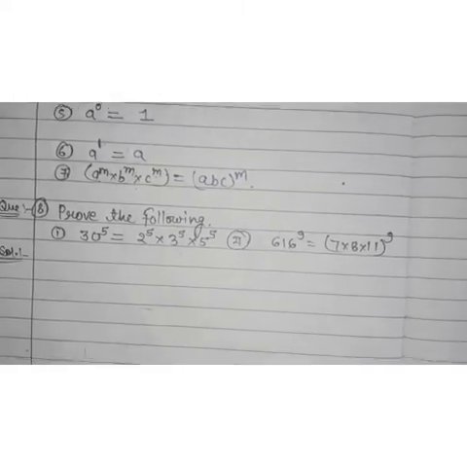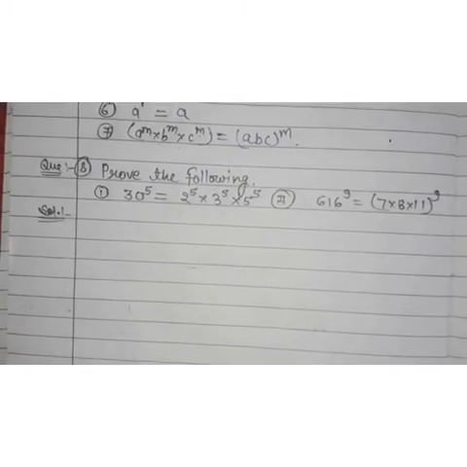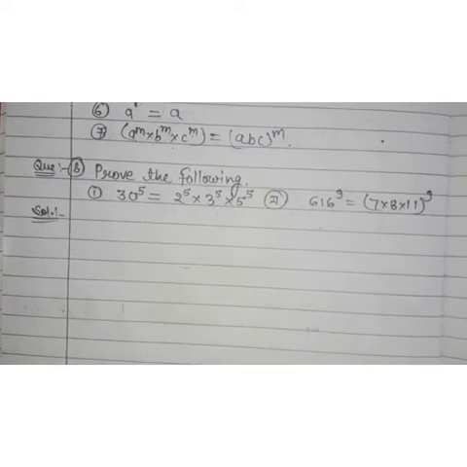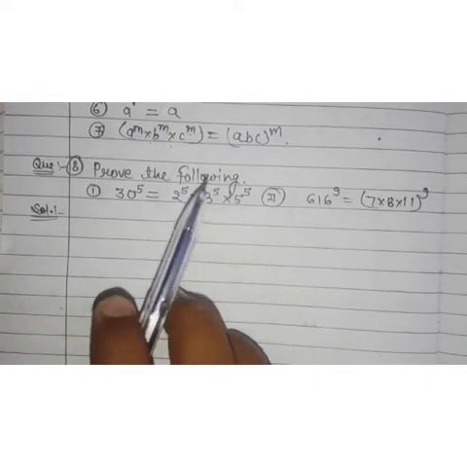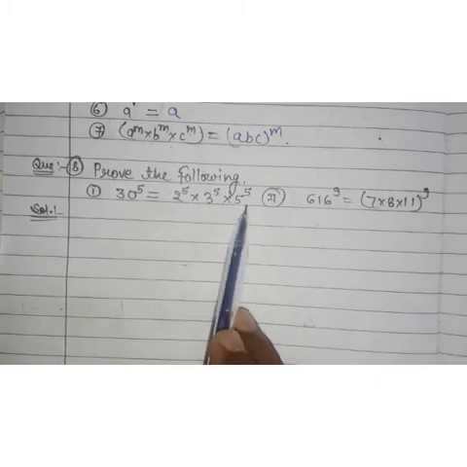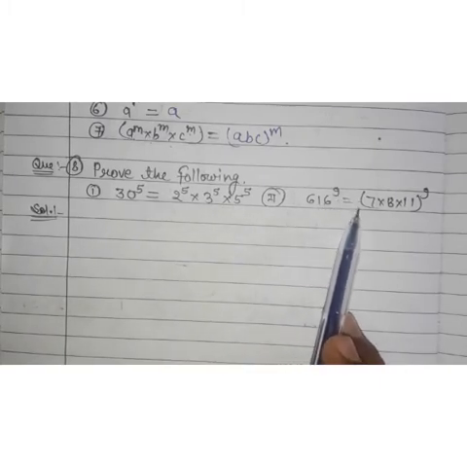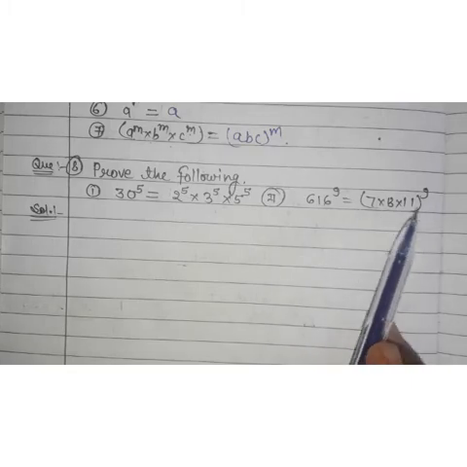Now question number 8. Prove the following. First, 30 to the power 5 is equal to 2 to the power 5 into 3 to the power 5 into 5 to the power 5. And second, 616 to the power 9 is equal to 7 into 8 into 11, whole to the power 9.